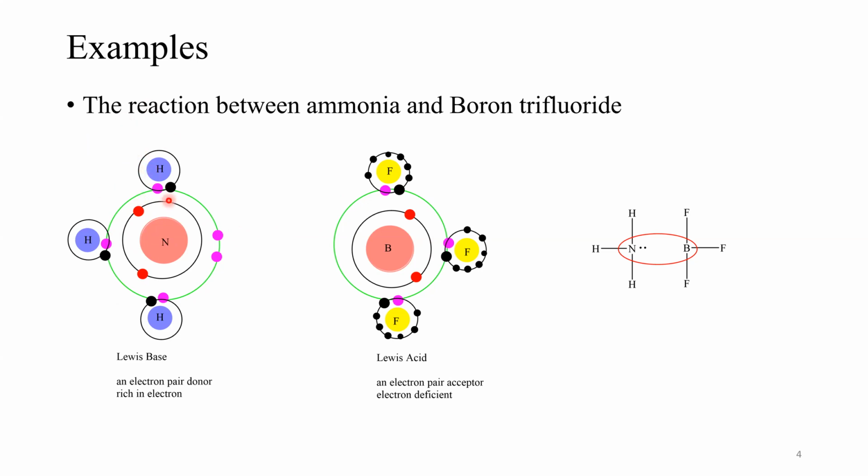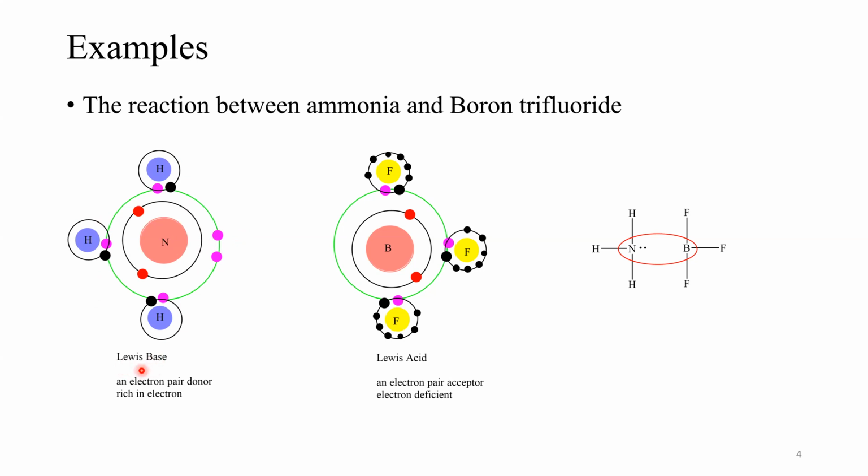Here each unpaired electron has paired with one hydrogen, so hydrogen has completed its 2 electron outermost shell. If we count the outermost shell of ammonia, there are 8 electrons. So this electron pair is there, and it can be donated whenever there is a need to make a bond.